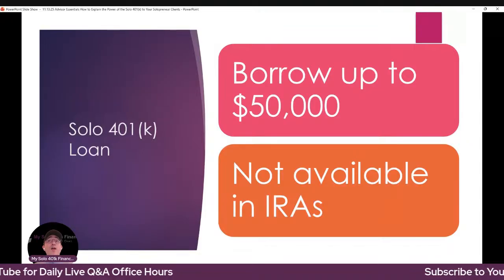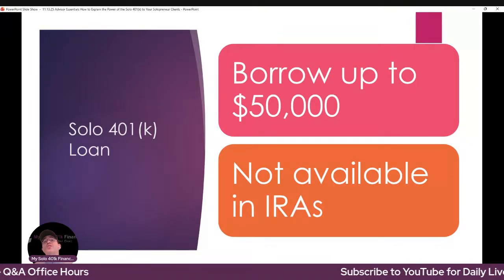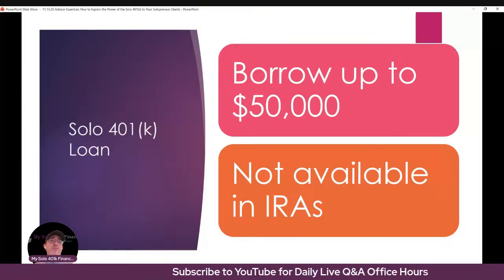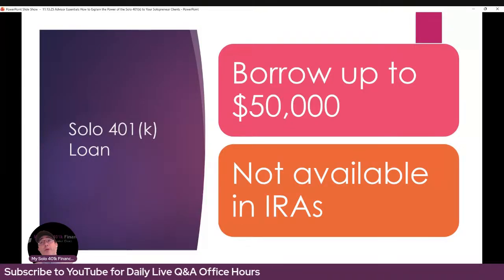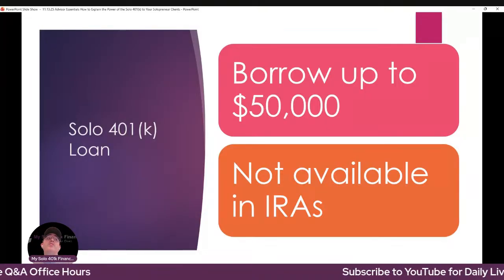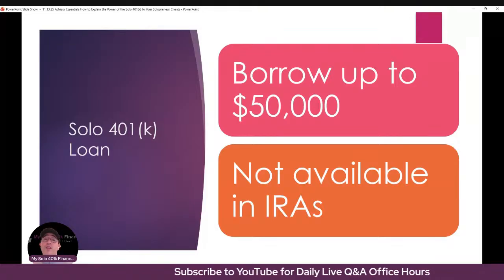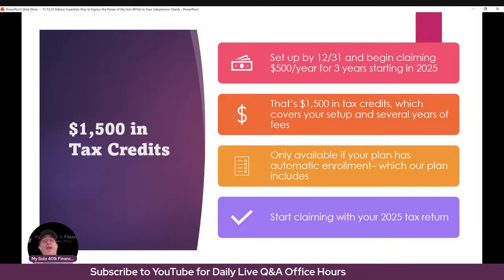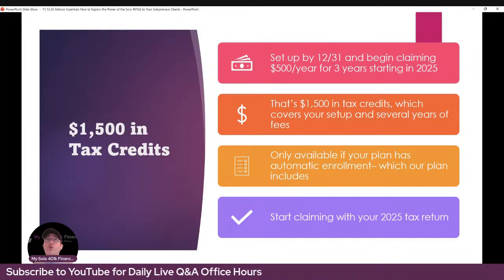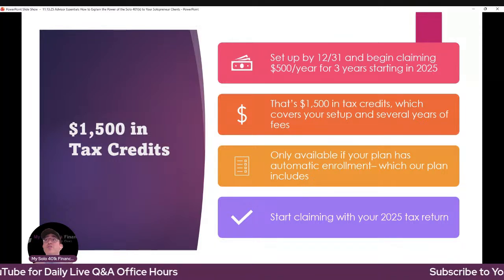The interest is prime plus 1% or a CD rate plus 2%, with those payments spread over a 5-year term. Of course, it's not available in IRAs. It's not even available with your basic plans because their plan documents don't allow it. But the client can have the advanced plan documents through my solo 401k financial, but again, have the accounts at the bank or brokerage of choice, including where the advisor custody is at.